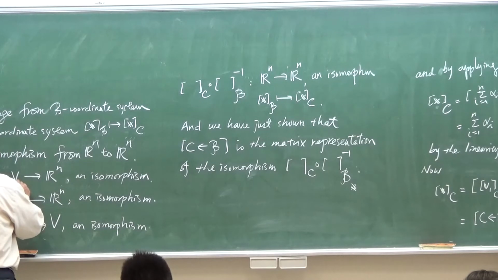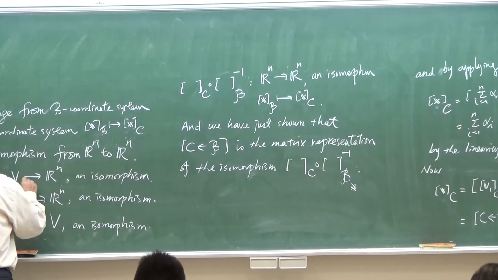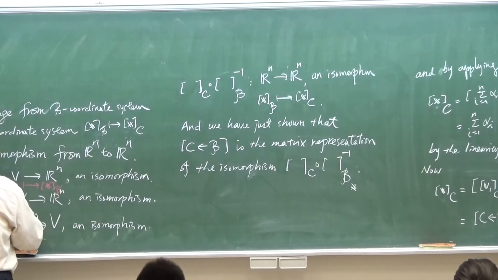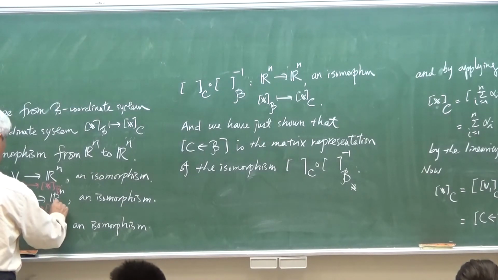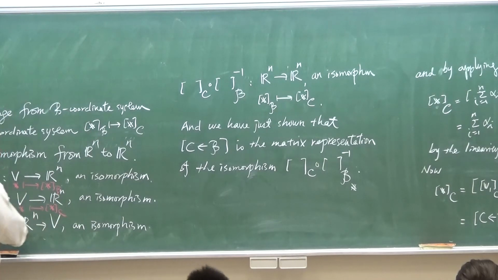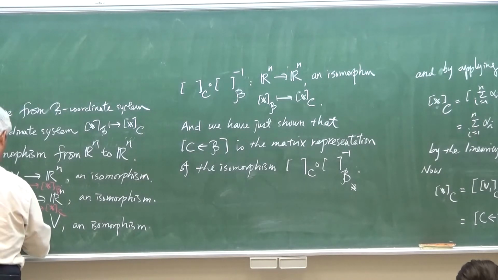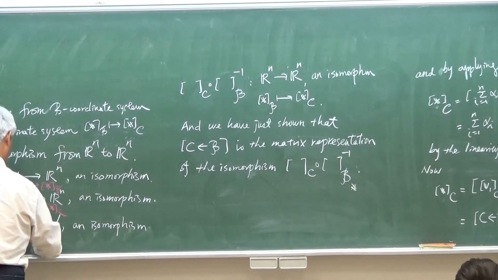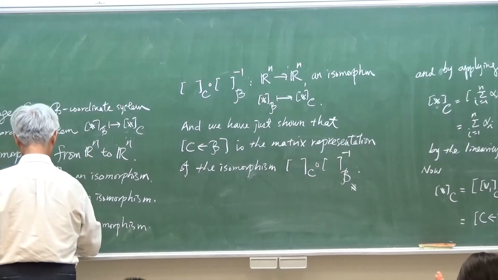Remember here we have x, which goes to the B coordinate. And here x goes to the C coordinate. And the inverse of this coordinate function goes back to x.